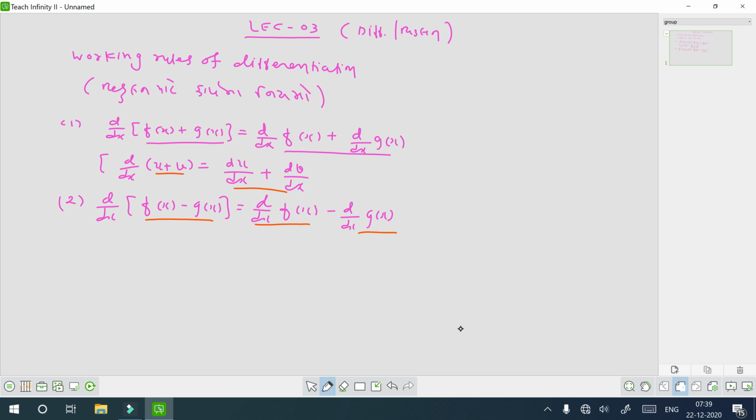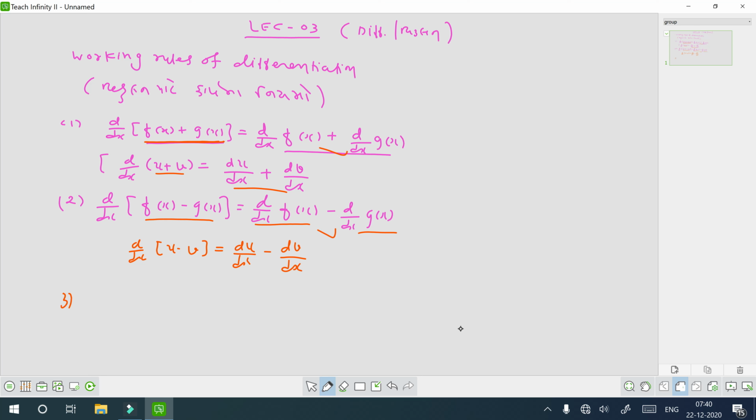Differentiation of the difference of two functions is the same as the difference of their differentiations. Similarly, differentiation of the sum of two functions is the same as the sum of their differentiations. In other way we can write d by dx of u minus v is equal to du by dx minus dv by dx also.